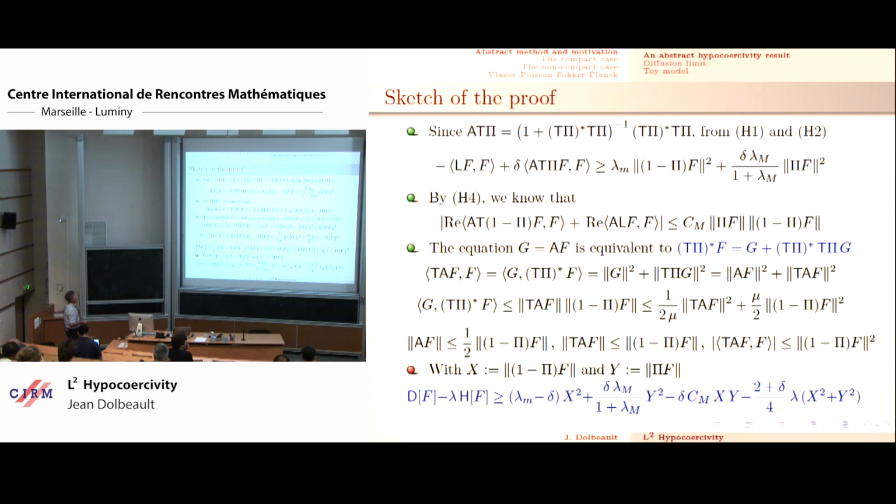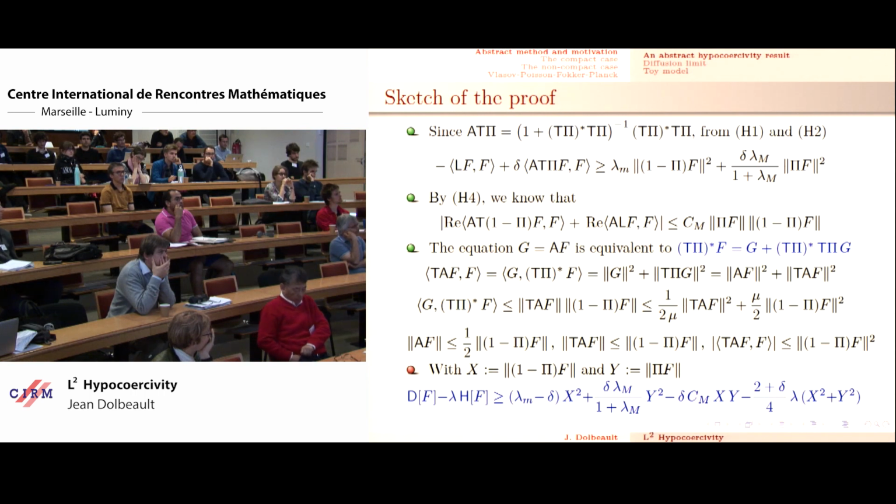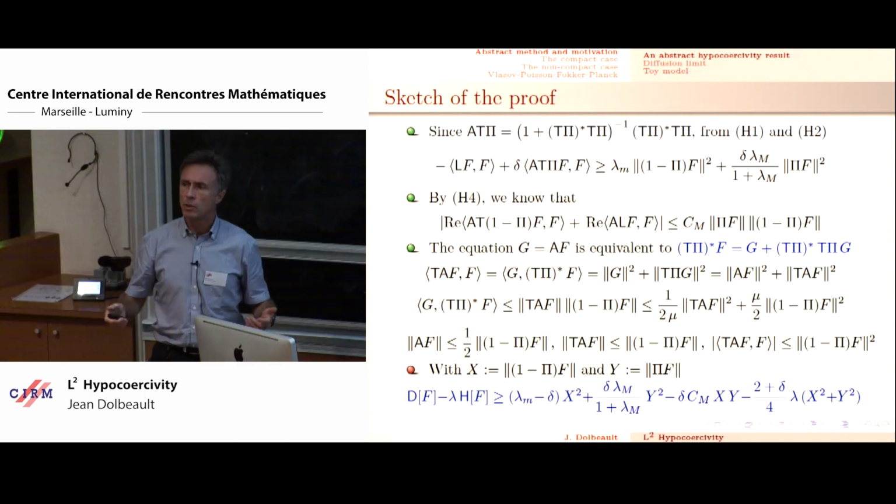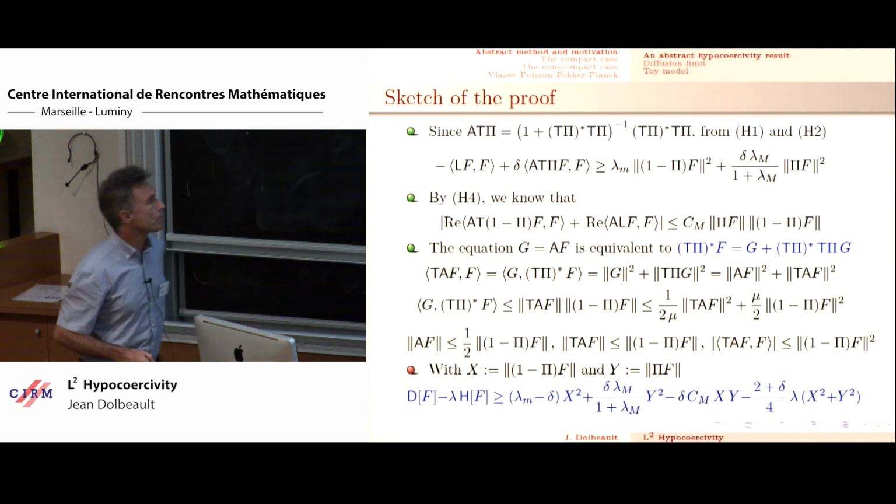So for instance, if you take mu equal 2, you get this identity, or if you take mu equal 1/2, you get this one. So it tells you that AF is a bounded operator and TFF is also a bounded quantity in terms of the distance to the local equilibria. So it is typically the kind of manipulation that you can do using the elliptic equation.